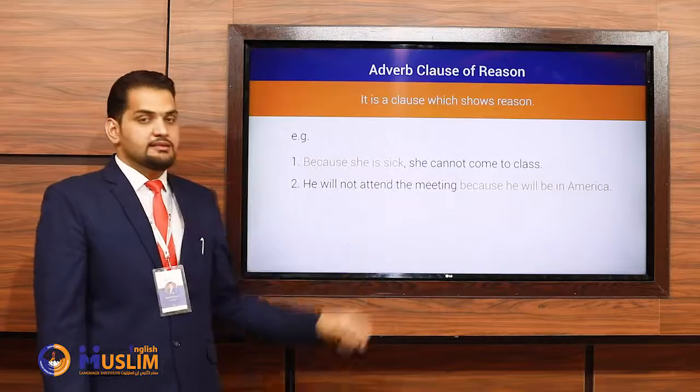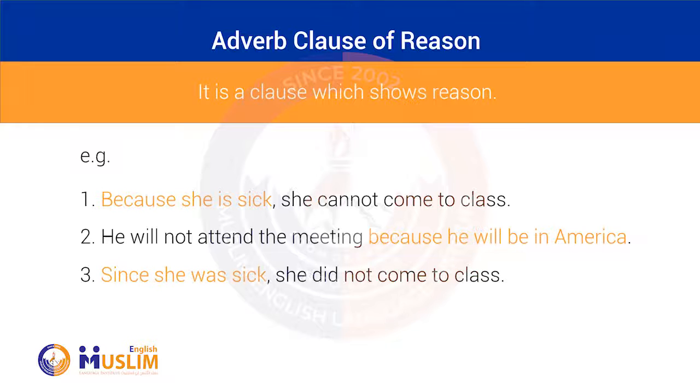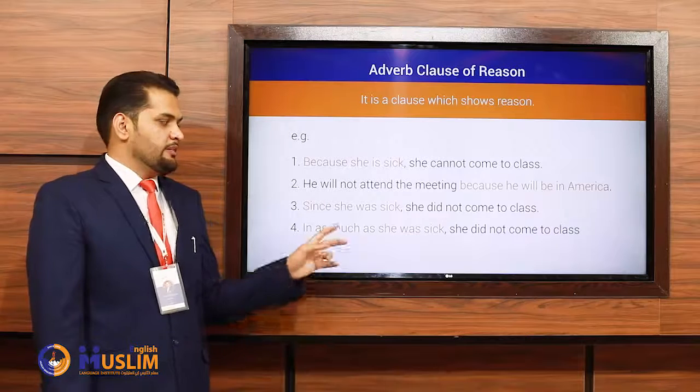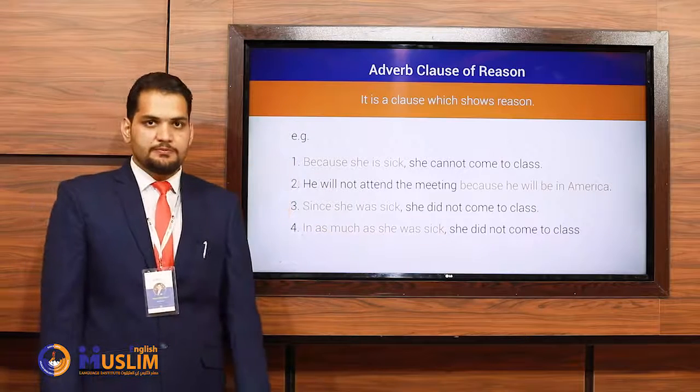And in the second sentence, the adverb clause is used after the main clause. Number 3. Since she was sick, she did not come to class. Number 4. Inasmuch as she was sick, she did not come to class. Remember, since and inasmuch as have the same meaning like because.